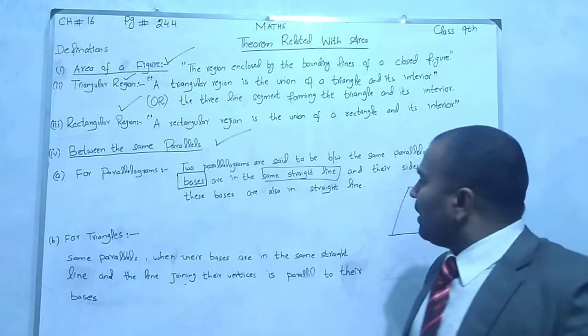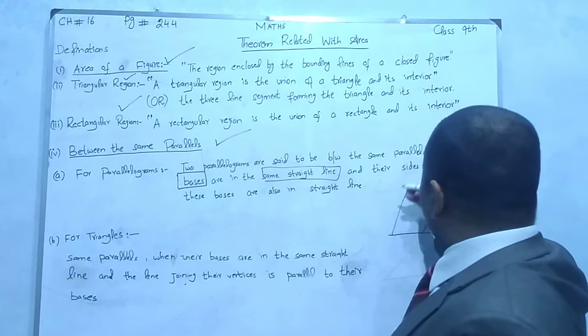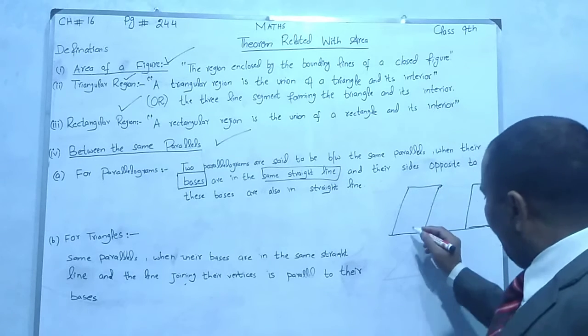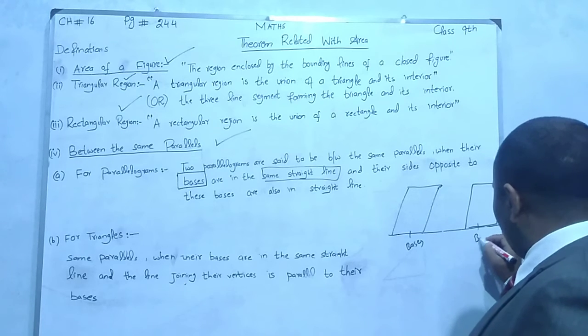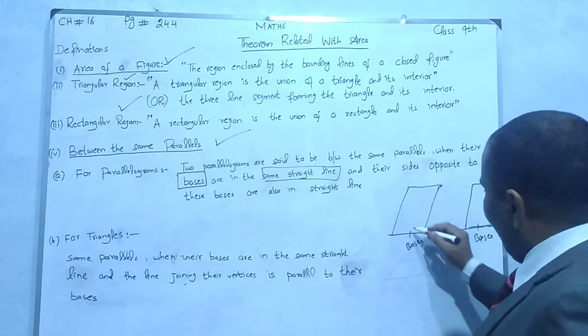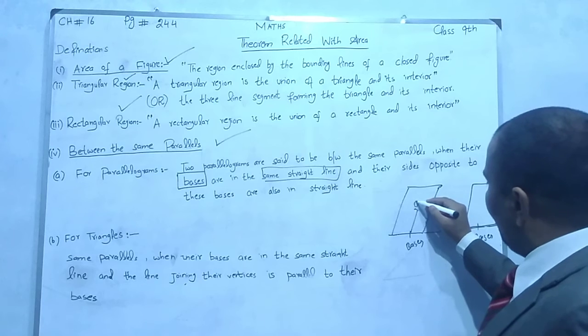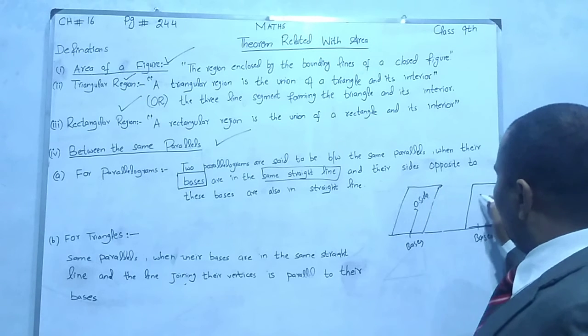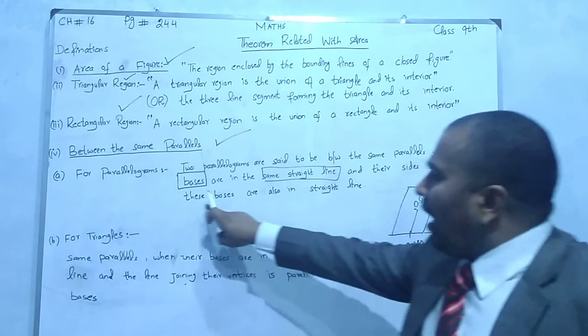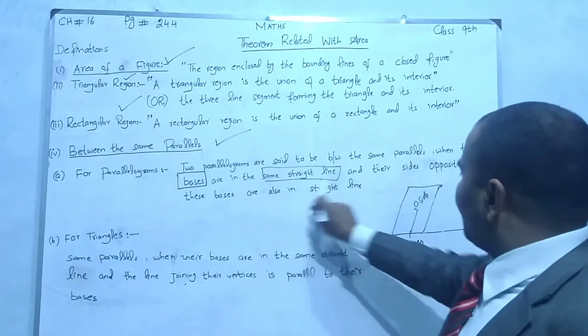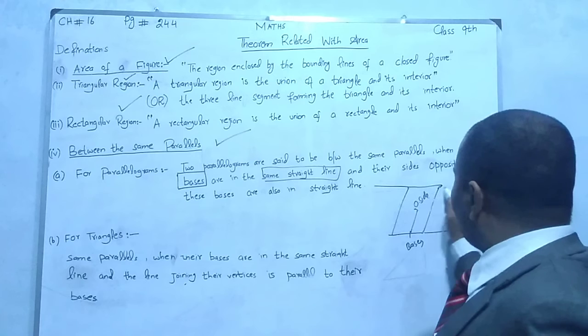Understand? Okay. These are bases, and these are what? Opposite sides. Okay. The opposite sides are also on the same straight line.